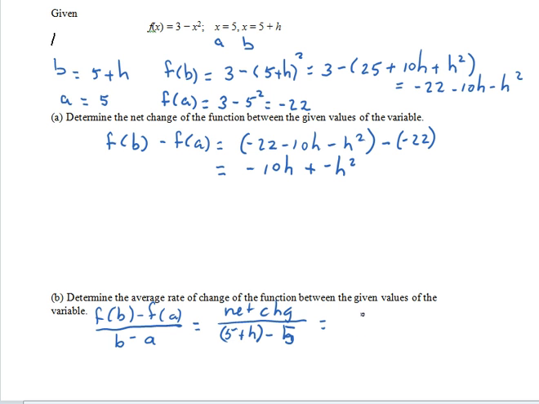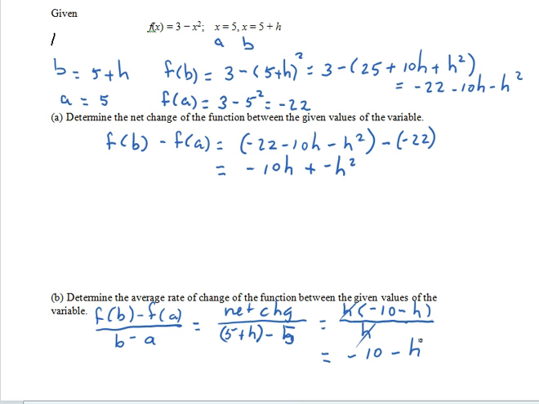The denominator comes out to be h, and notice from the net change that was computed above that h is a common factor. So factoring it out of the net change, we get negative 10 minus h. We cancel the common factors to have an average rate of change, negative 10 minus h.